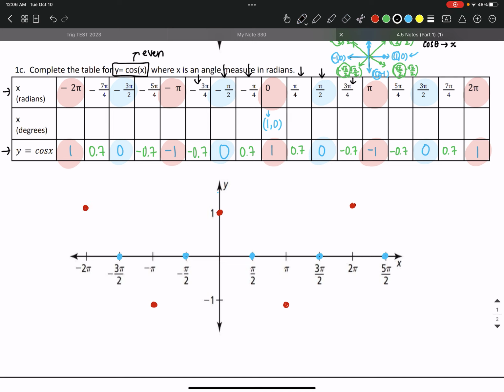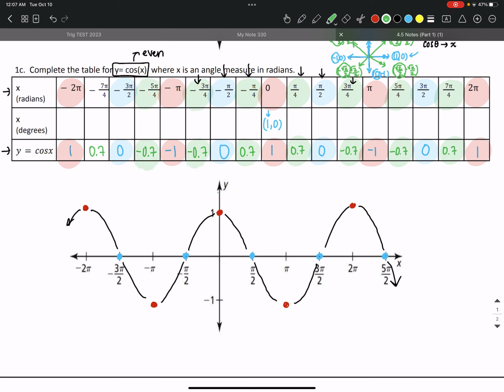And this is what I'm going to see when I connect these. I'm going to connect them in a wave, and this is what the wave is going to look like. It goes on and on forever. And if I were to put in the points with a reference angle of pi over 4, I would see that they were on that wave that I created.